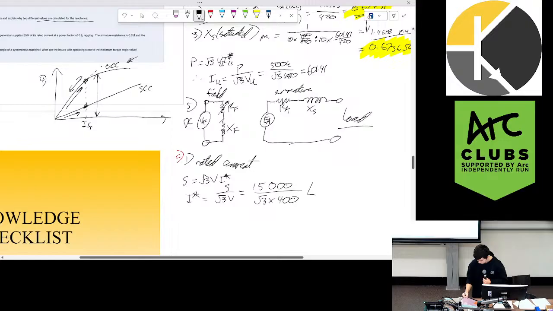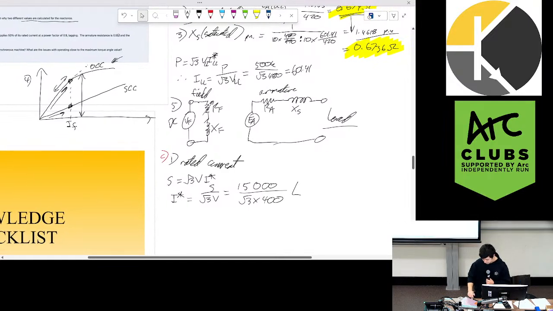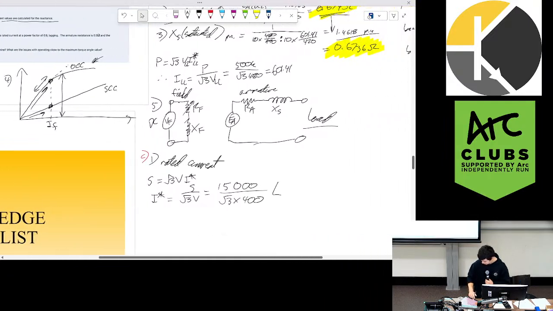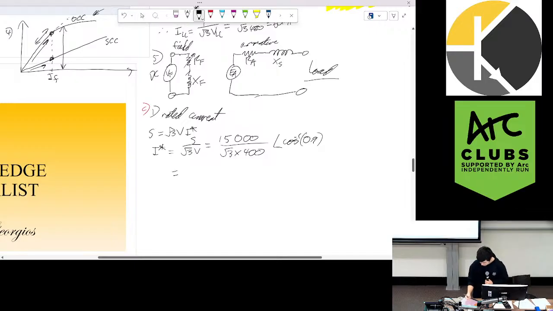And we need an angle. The angle is going to be given by lagging 0.9, so we say cos inverse of 0.9.